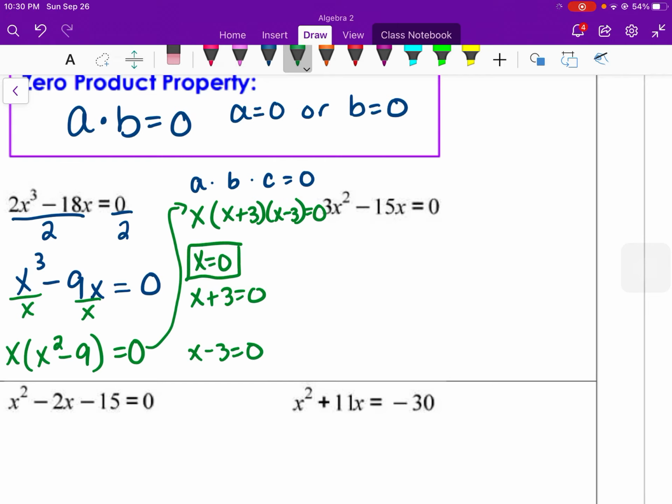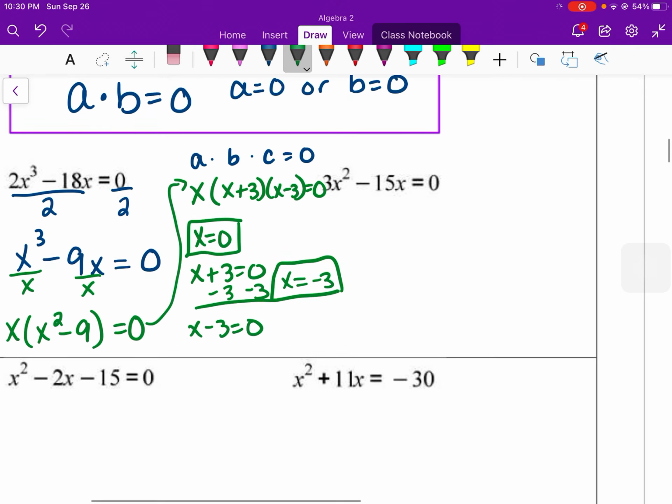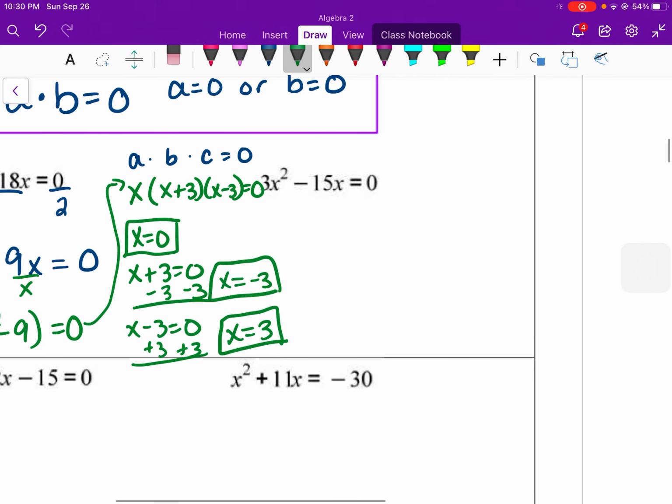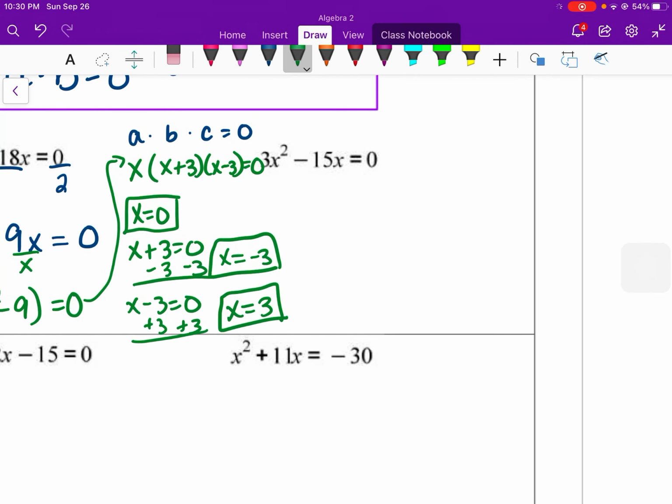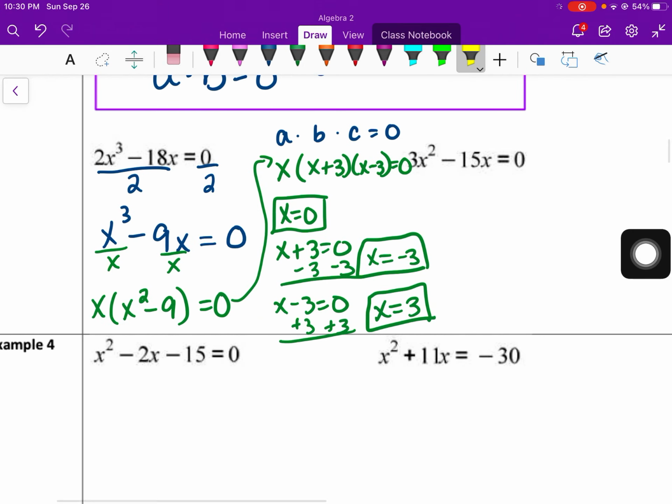So that gives me 3 answers. Well, x equals 0 is one choice. If x plus 3 equals 0, then x would equal negative 3, solving that one for x. And if x minus 3 was equal to 0, adding 3 to both sides, x equals 3. So I have 3 answers there. x equals 3, negative 3, and 0.